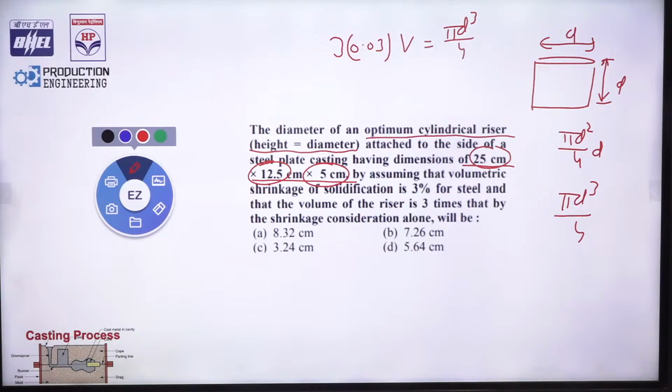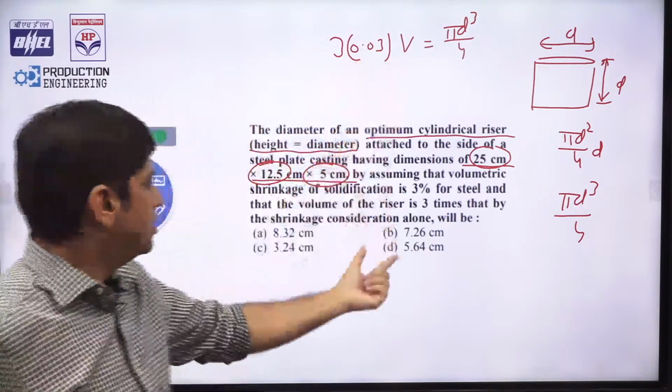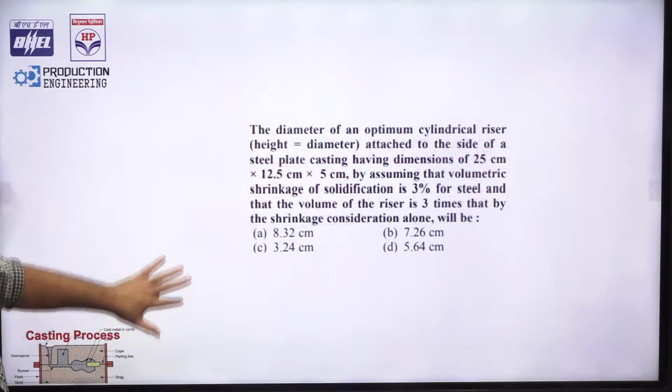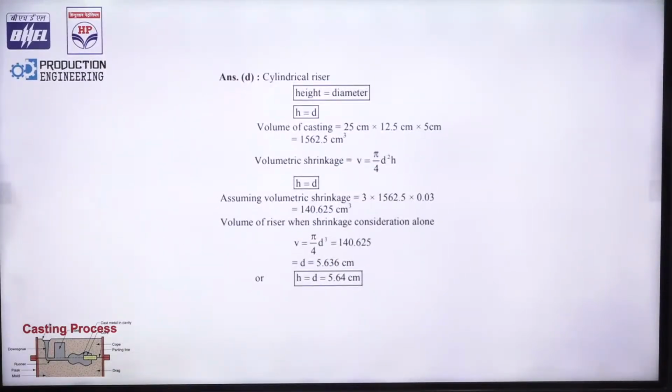So 3 times the shrinkage of the casting volume is given. I think someone has calculated it as 5.64. Yes, 5.64 is the answer for this. So you should know in casting also from where numericals can be asked.